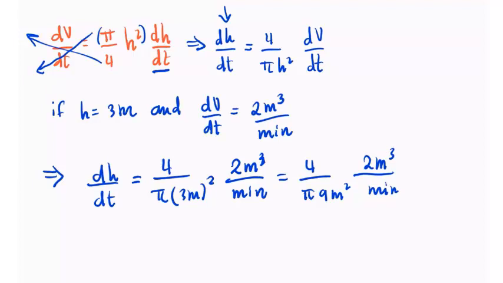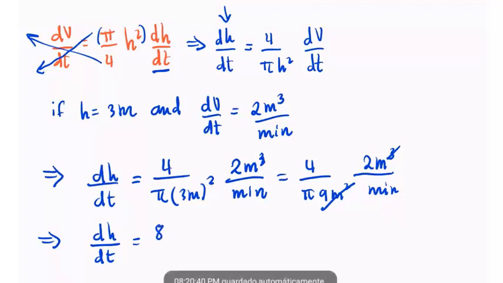Okay, so this meter squared simplifies with this meter cubed, so we get dh/dt. 2 times 4 is 8, over 9 pi, meters per minute.